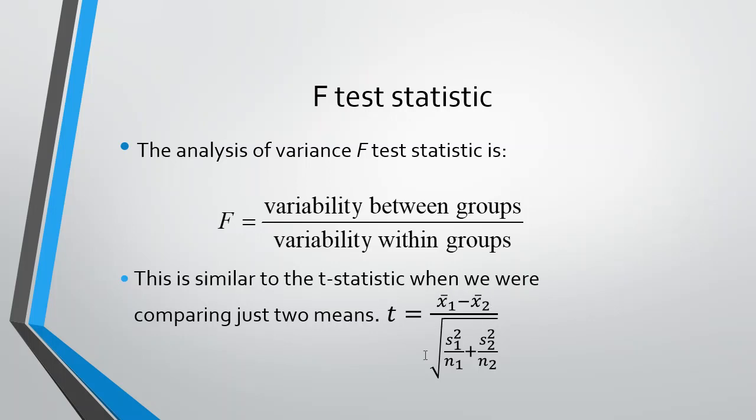And then we divided it by this formula for the standard deviation, which included the standard deviation and also the sample size, but it combined them because there were two groups into one number that measured how much variation is happening inside of each group. Well, it's going to be very similar to this, but now there's going to be more than two groups, so it's going to have to be more complicated. And we're just going to let the applet do it for us, but this is the idea that you can take away. We're comparing how much variation is there from group 1 to group 2, and then dividing that by how much standard deviation is happening within the groups themselves.